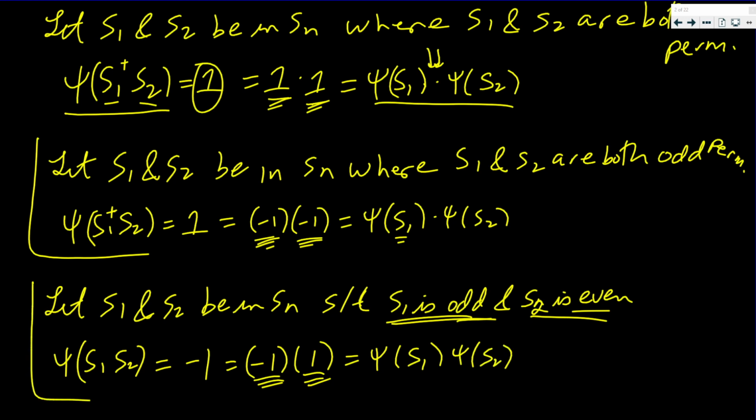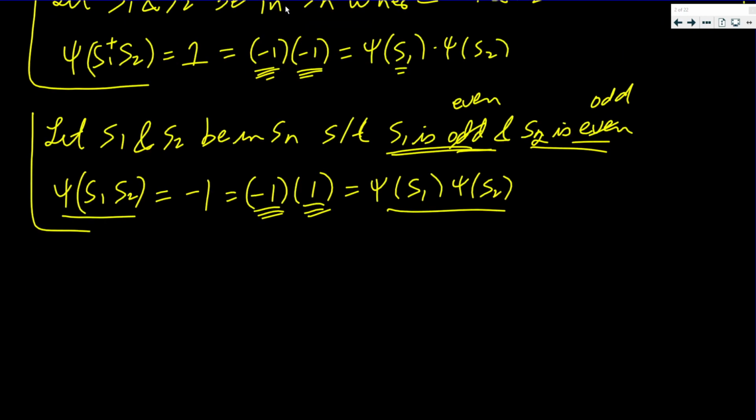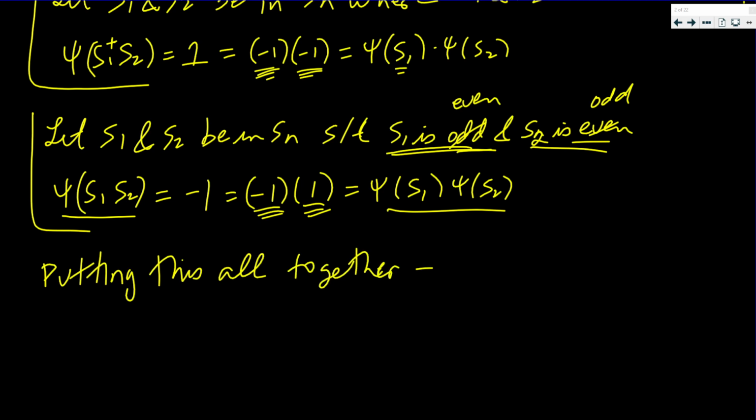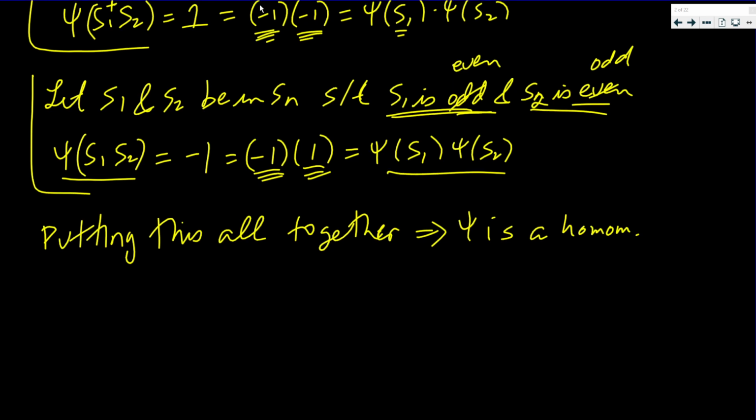I won't bother showing it, but if S1 is even and S2 is odd, you get the same result: phi of S1S2 is phi of S1 times phi of S2. Putting this all together implies that phi is a homomorphism.